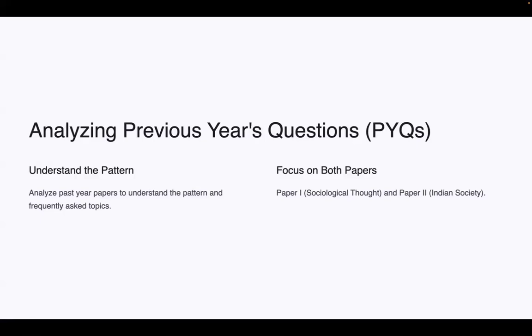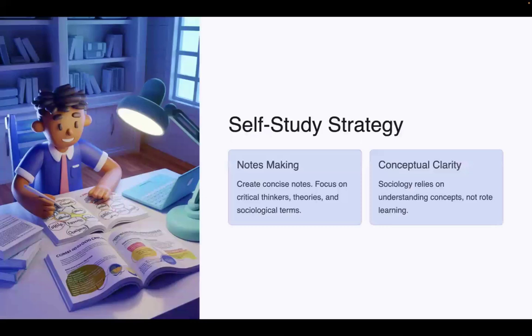You need to balance both papers. Both papers have equal weightage, 250 marks each. So you need to give respect to both papers if you want to score more than 280. Otherwise, your score will be in the range of 220 to 250. You will not be able to score more than 250 in the sociology optional.